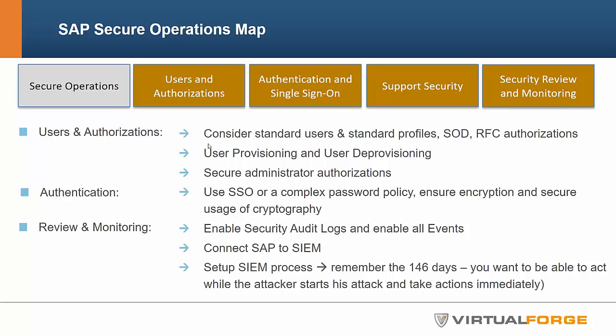For review and monitoring, one of the things I see very frequently, SAP does not deliver the security audit log turned on by default. So customers do need to activate this, which results, unfortunately, sometimes in the situation that we get into a forensic investigation and we are not able to get the full picture because not every log file is available or has been turned on.